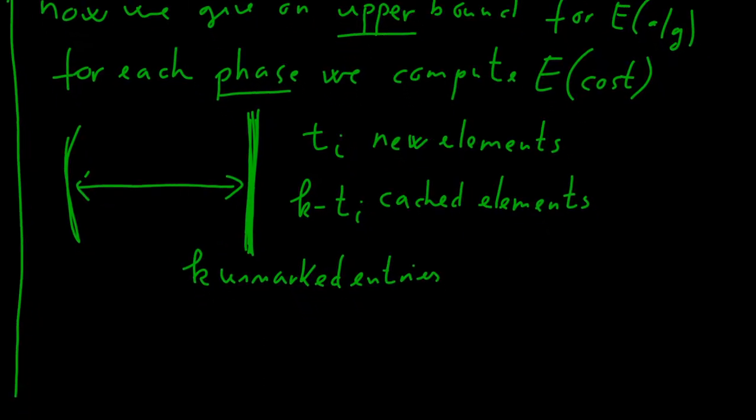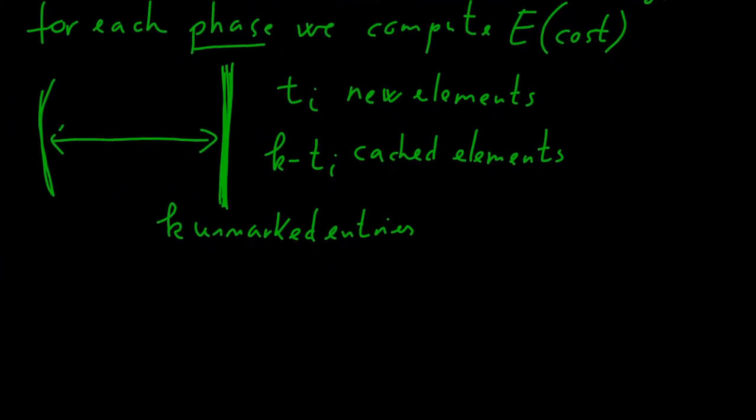Now, of course, the order might ruin some probabilities, because, for example, if I have, say, 1, 2, 3 in the cache, then it's a possibility that I get, say, the 3 first.